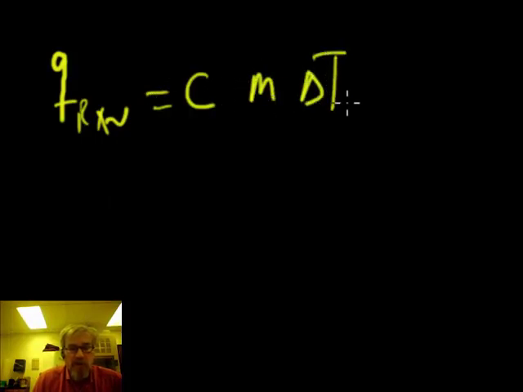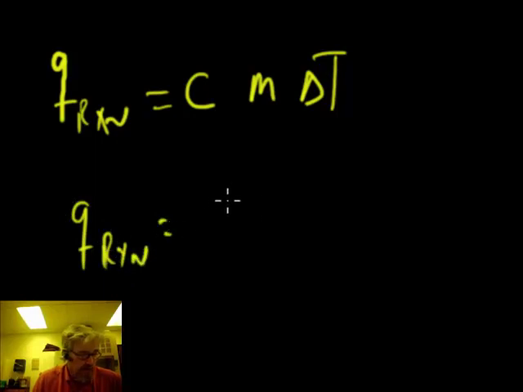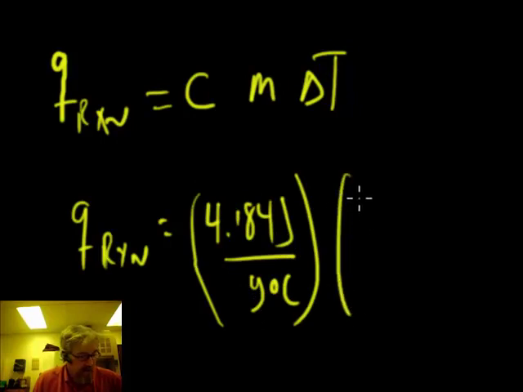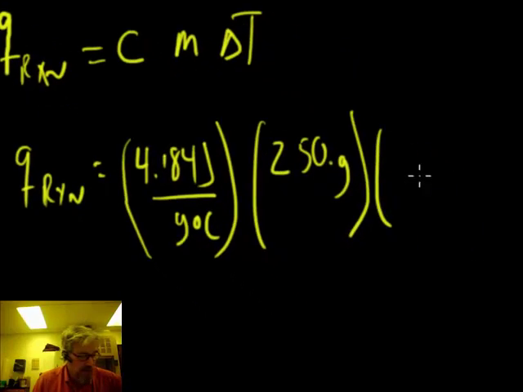Q for the reaction is going to be measured by what happened in the calorimeter. And specific heat times mass of the water times the temperature change of the water bath is how we're going to measure that. So, Q reaction for this particular reaction is equal to specific heat of the water bath, 4.184 joules per gram per degree C, times the mass of the water bath, that was 250 grams, times the temperature change of the water bath.